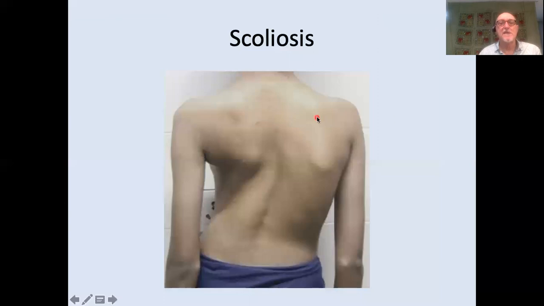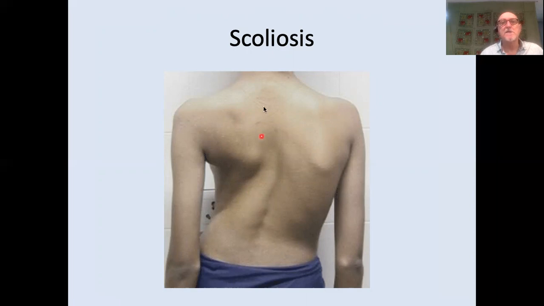So there you can see there is a problem with scoliosis. First of all, it puts tremendous wear on the vertebrae, inappropriate stresses onto the vertebrae. But second, it leads to compression. You can see how the chest on this side is compressed. It leads to compression of the organs on that side.